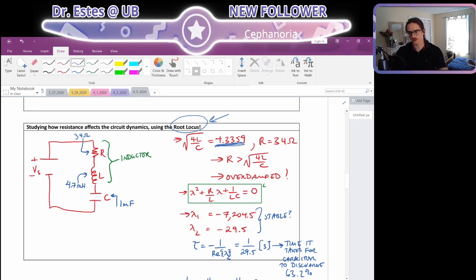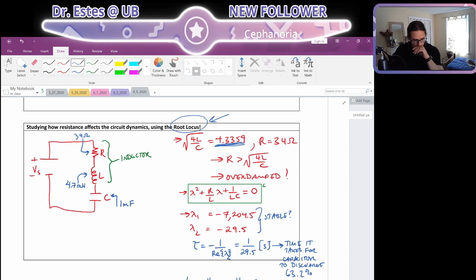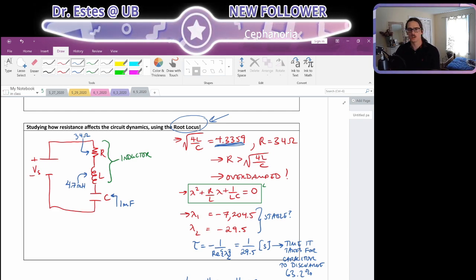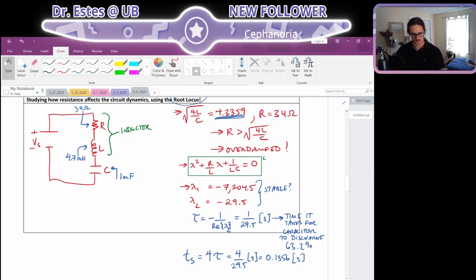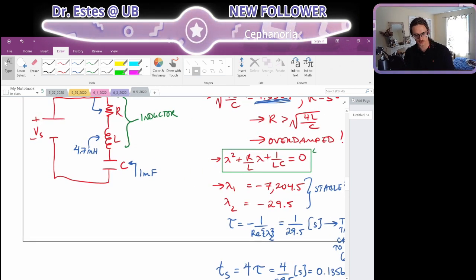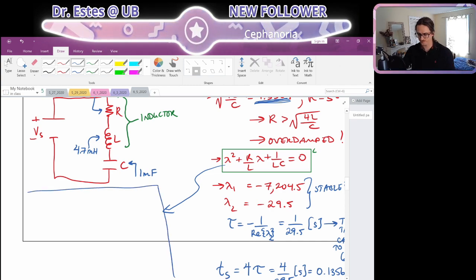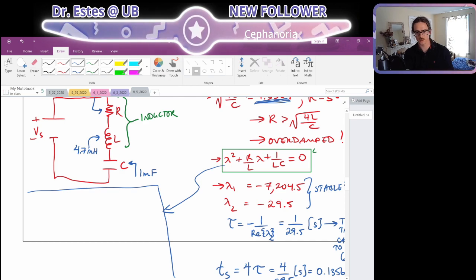Well, let's build the root locus anyway. It'll show us, as we change our resistance, what kind of system behavior we can get. It's good practice. So what I want to do, I'm going to modify this characteristic equation a little bit to prepare us for generating a root locus.